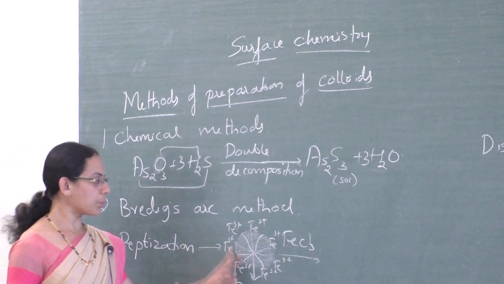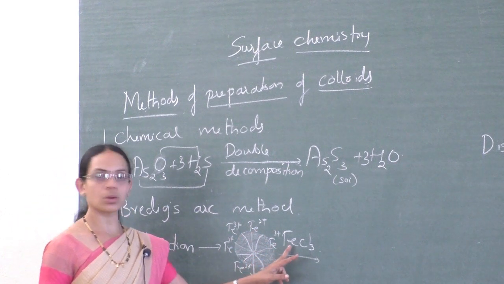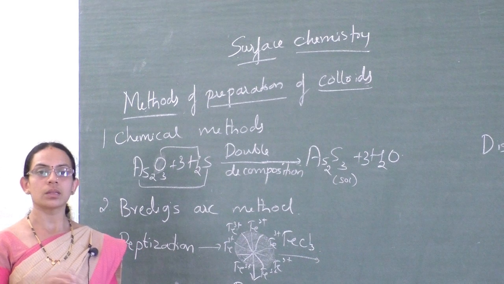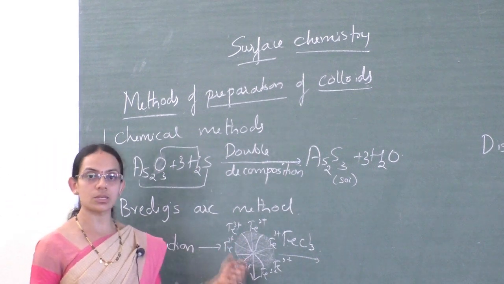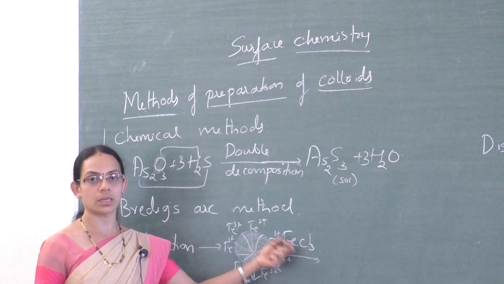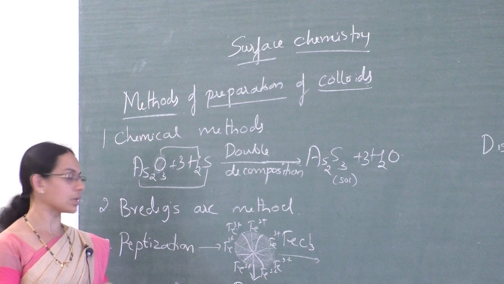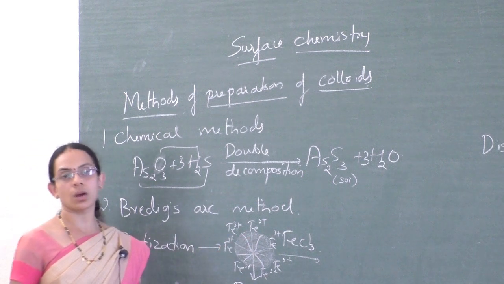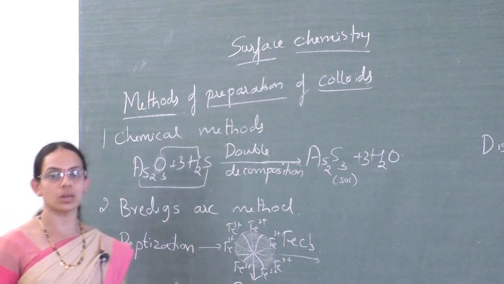To the freshly prepared precipitate of ferric hydroxide, if a small amount of ferric chloride is added, the ferric hydroxide precipitate preferentially adsorbs one of the ions present in the electrolyte, and as like charges repel each other, the precipitate breaks down into a number of particles having size in the colloidal range.